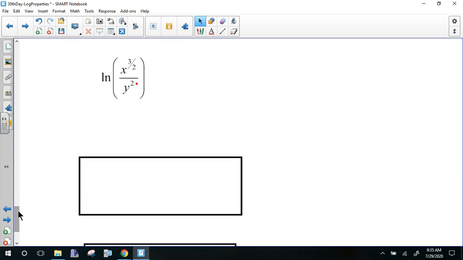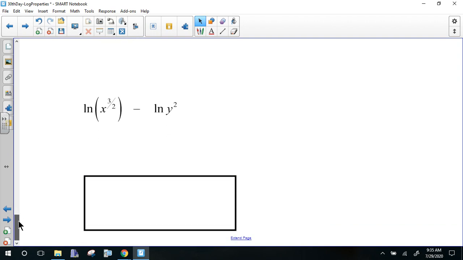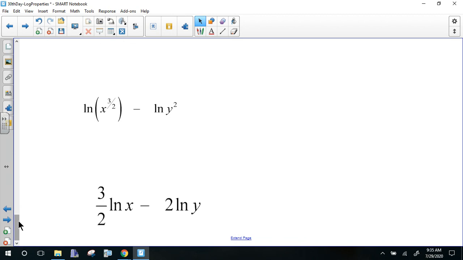And now they're going to let me do the division by subtracting those 2 natural logs. And I'll bring my exponents out in front. So my final answer would be 3/2 natural log x minus 2 natural log y.